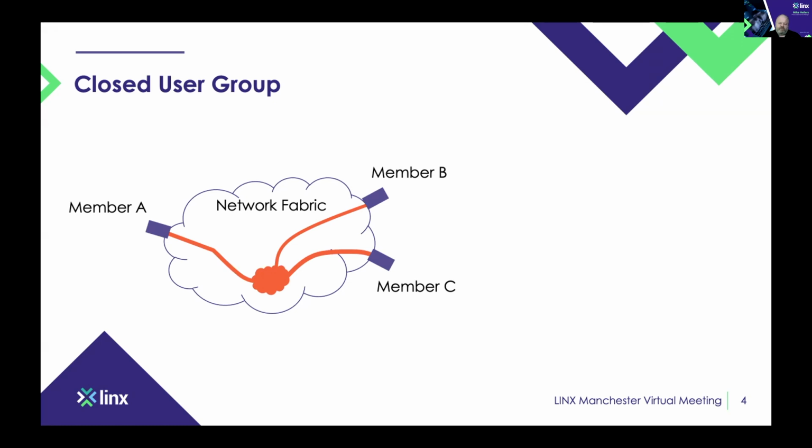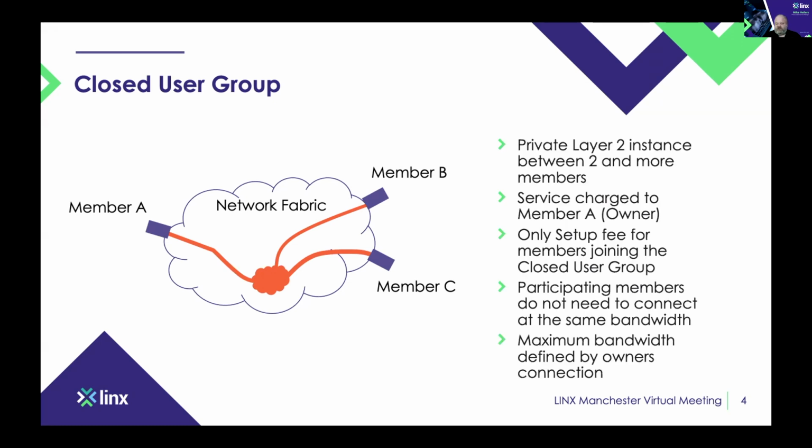Very simple service again. Very similar to private VLAN, the service is charged to the member who orders the closed user group. And anybody who wants to join it just has a one-off install fee at the moment we set it up.